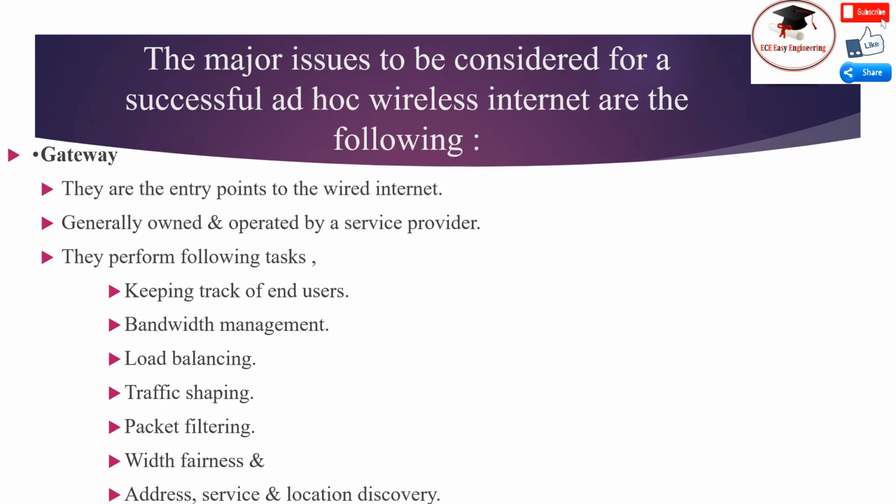First, gateway. They are the entry points to the wired internet, generally owned and operated by the service provider. They perform the following tasks: keep track of end users, bandwidth management, load balancing, traffic shaping, packet filtering, bandwidth fairness, and address service and location discovery.